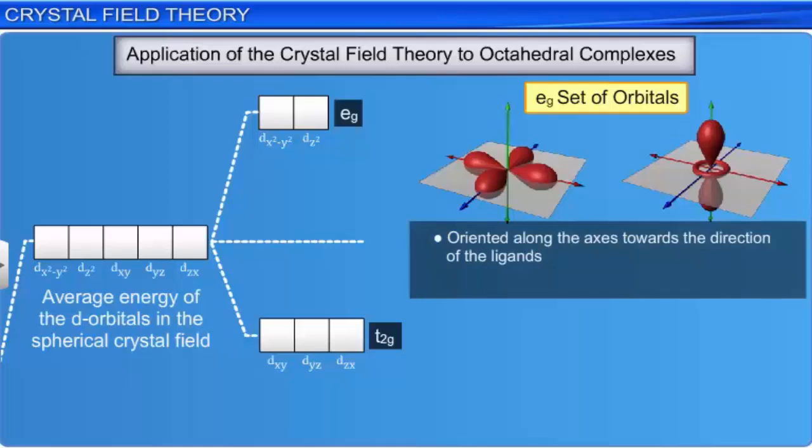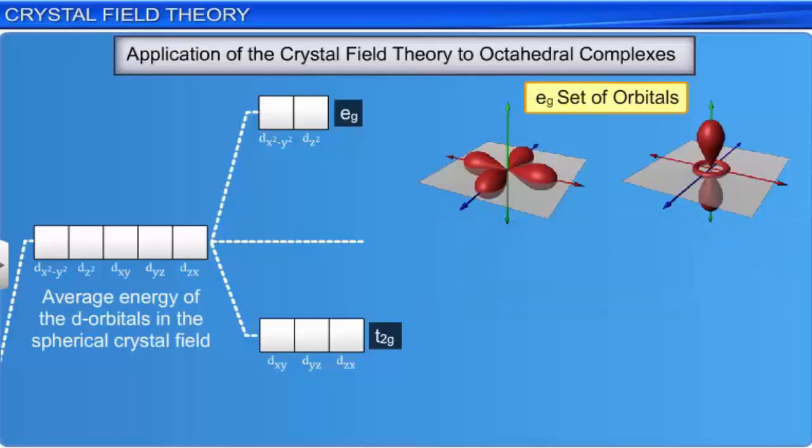Thus, the eg set of orbitals will experience more repulsion than the remaining 3 d orbitals, that is, the dxy, dxz, and dyz orbitals, which lie in between the axes.